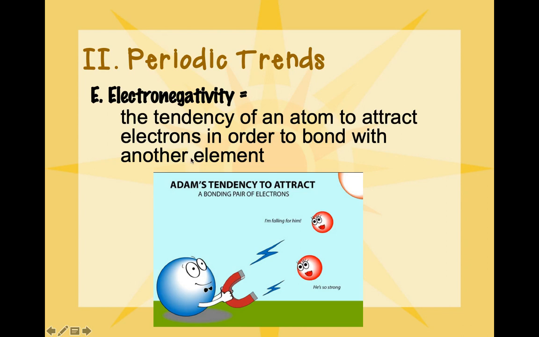If it has a high electronegativity, it is very likely that it can attract electrons to itself. If it has a low electronegativity, it's not very likely to pull electrons to itself. Maybe it can share electrons, or it might just let other people take its electrons. That's the idea of electronegativity.